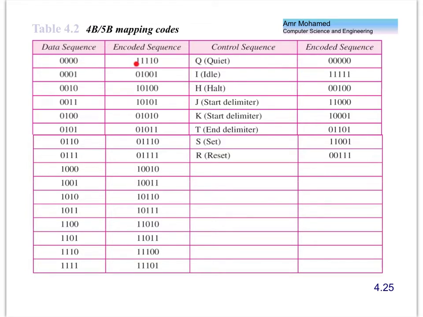And as you can see, when we convert this to 5 bits, the number of transitions between the ones and zeros in here is definitely more than here. So for example, how many transitions do we have in this 4 bits? How many changes do we have, from 0 to 1 or from 1 to 0?